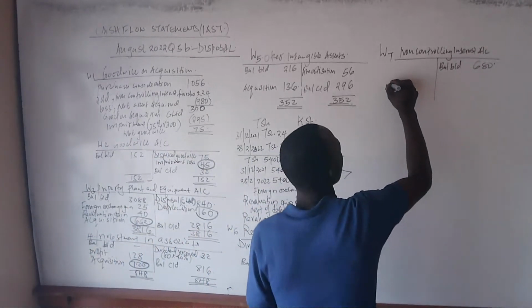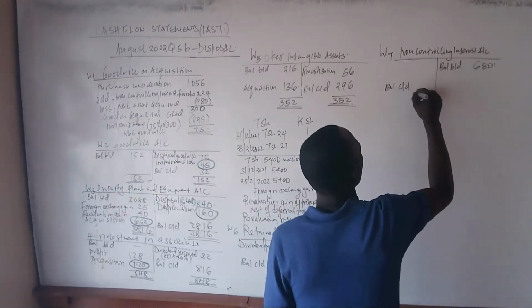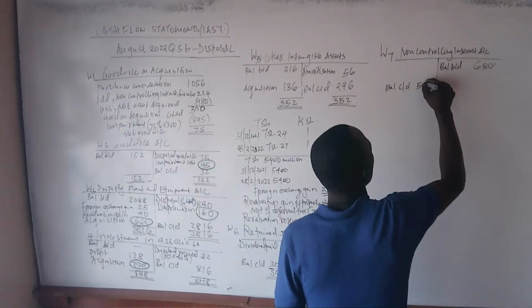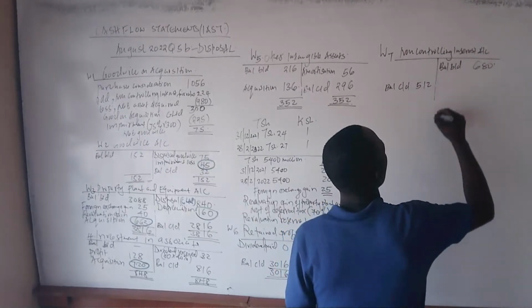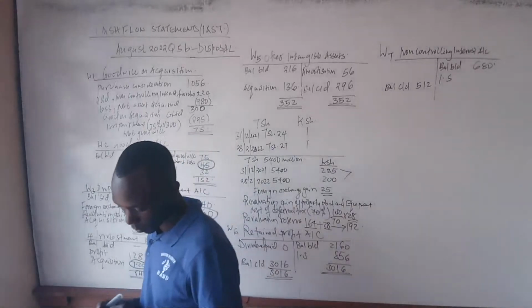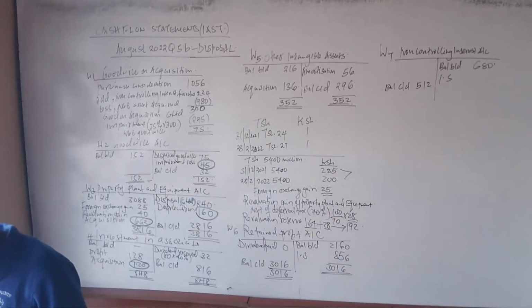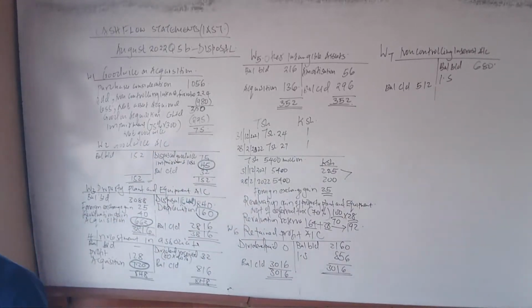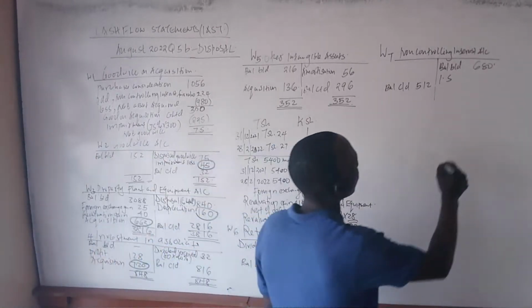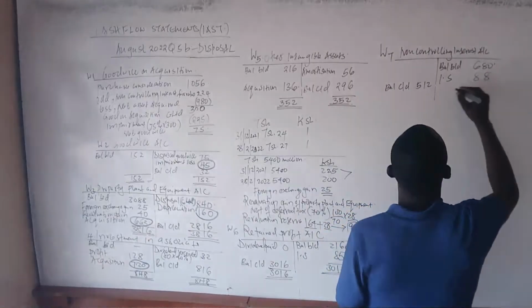At the end, balance carried down, 512. Then from the income statement, what was attributable to the NCI? We had 88.